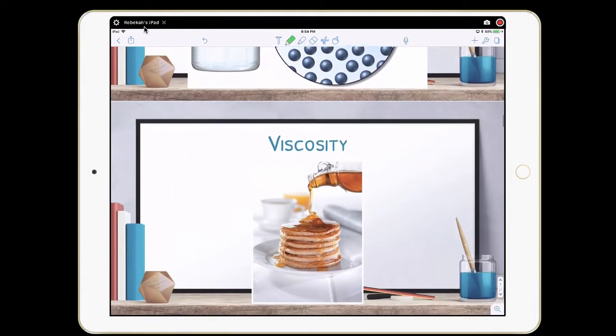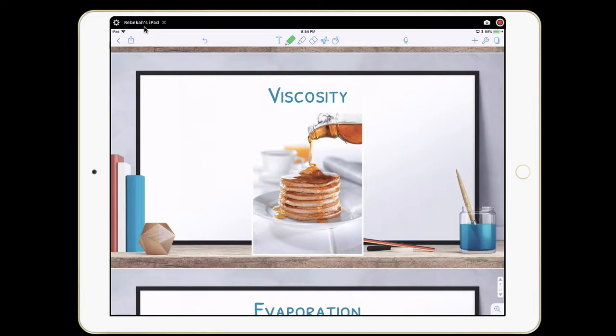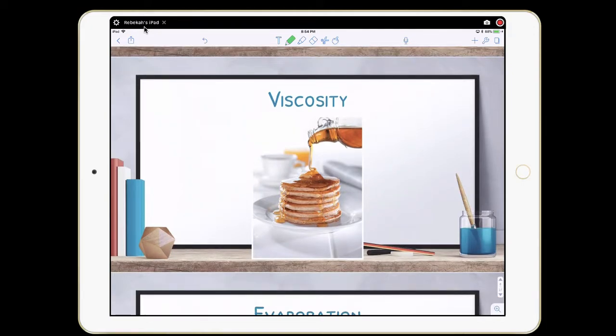So viscosity is another property. Viscosity is just how fast something moves down a slope. So imagine you had a pan, a cookie sheet maybe, resting at an angle, and you were to put some samples of some liquids on it, and you were to see how fast they made it down the pan.